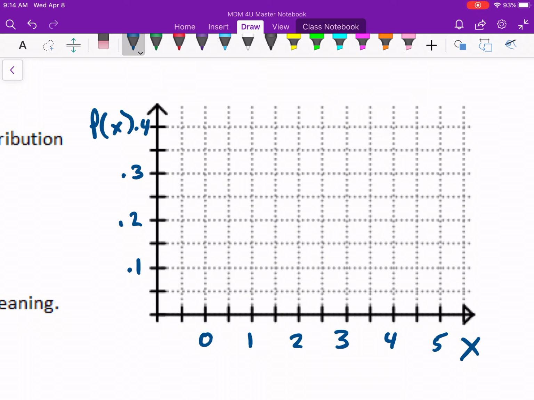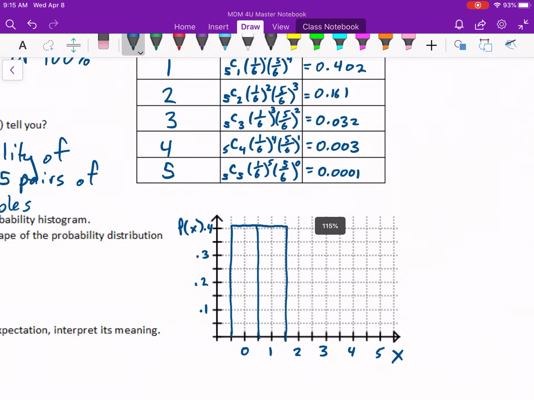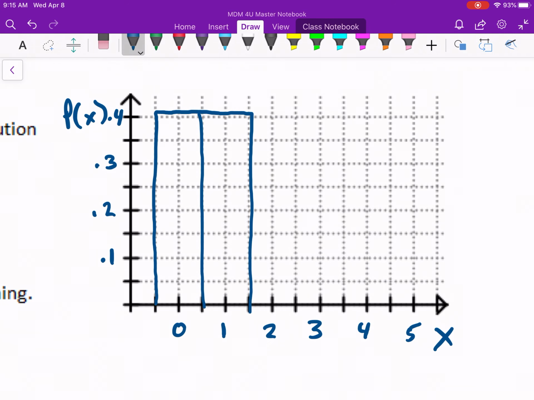So 40.2% would go here. And that's actually for my first 2 bars. I'm going to cheat and do them both at once, and then just draw a line down here. So those are my first 2 bars. And then I had what? Then I had 16.1% probability of getting 2, so that would be here, approximately. And then I had 3.2%, so that's going to be way down here.